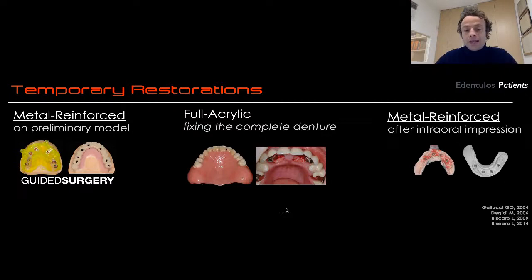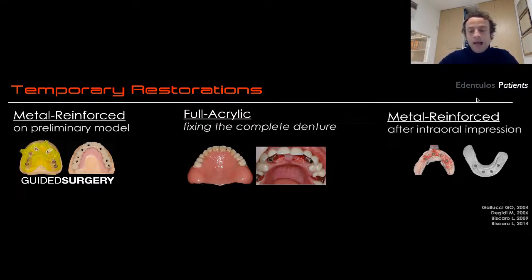The second approach is to convert the complete denture into a full acrylic fixed bridge. And honestly, in my daily routine, this approach represents 90% of my patients, because it is simple, reliable, and easy to do. The third approach considers taking a final impression and delivering the prosthesis not immediately on the same day, but after maybe 24 or 48 hours.